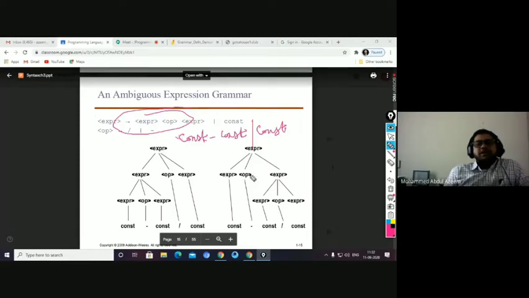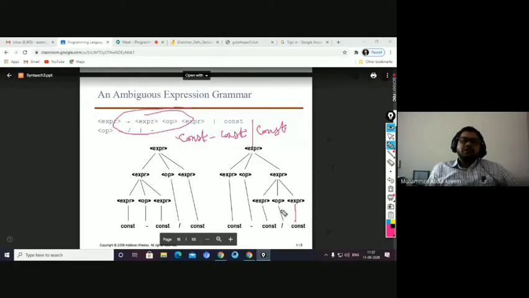Then this expression I have not expanded; it is derived to be constant, and this operation is derived as minus. The expression on the right hand side is now expanded, whereas in the previous tree I expanded the left hand side. So this expression is derived to be expression, operation, expression, which become constant, divide, and constant.